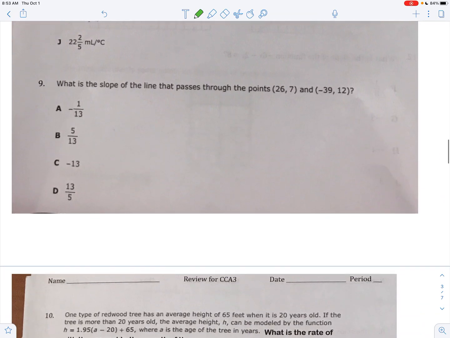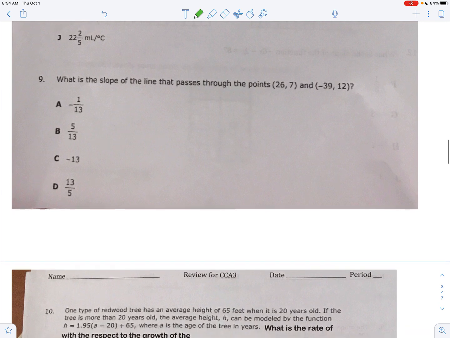Number 9 says, what is the slope of the line that passes through the points 26, 7 and negative 39, 12? All right, we're going to label x1, y1 here, x2, y2 here. Note we're asked for the slope. So we take 12 minus 7 divided by negative 39 minus 26.